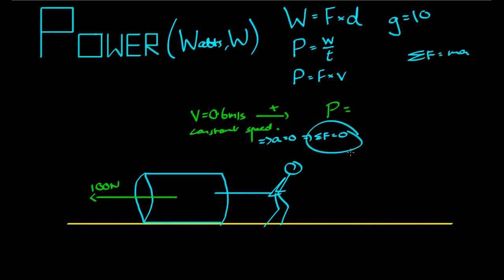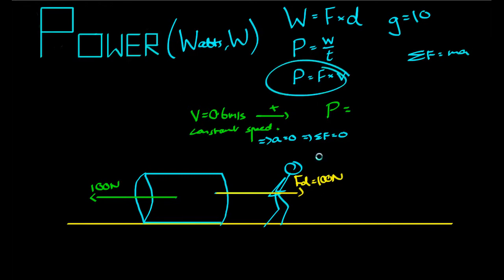If the sum of forces is equal to 0, that means the 100 newtons in this direction must be matched by 100 newtons of driving force in that direction there. So the driving force of the man is 100 newtons. And if we go straight to our formula now, power is equal to the force times the velocity. We get power equals 100 times 0.6, 60 watts.